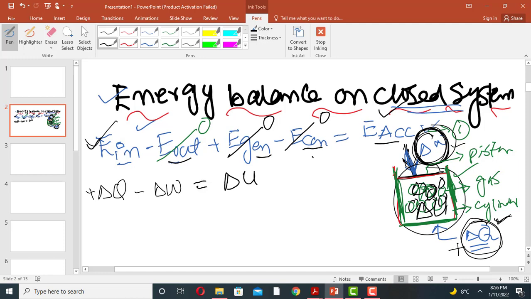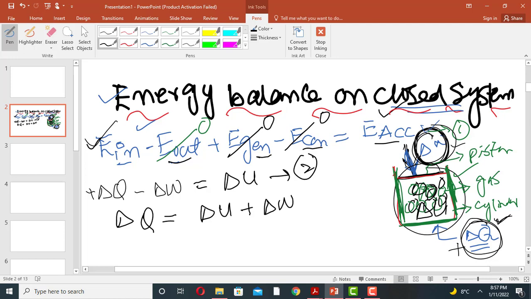So this is the energy balance equation on a closed system, and this equation 2 is called the first law of thermodynamics. This can also be written as: the heat which we supply to the system is converted into two energies. One is some of the heat converted to the internal energy to increase the internal energy of the molecules or atoms or ions, and the rest of the heat energy will do some work.